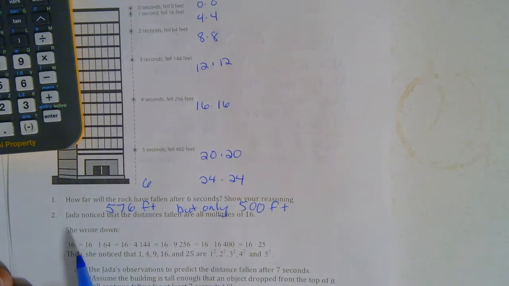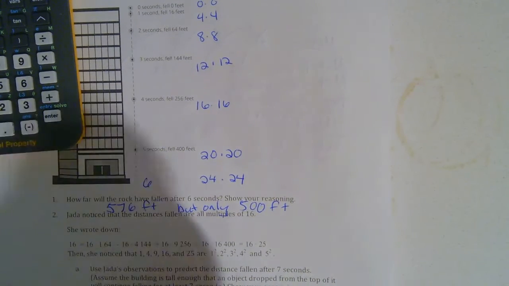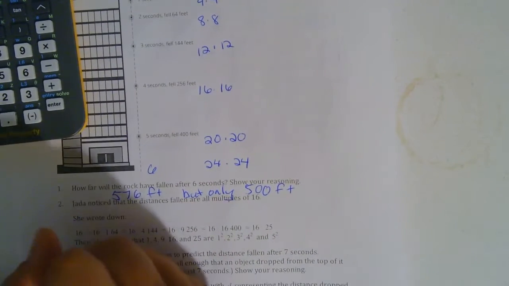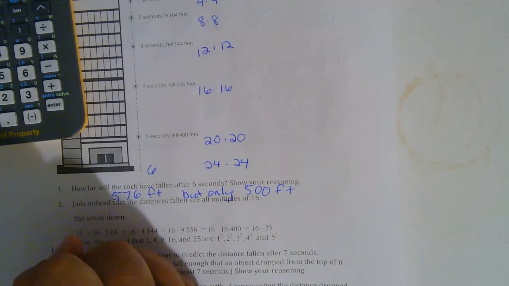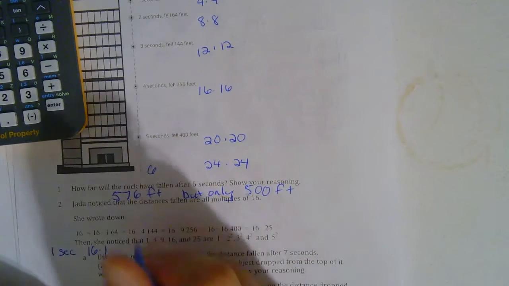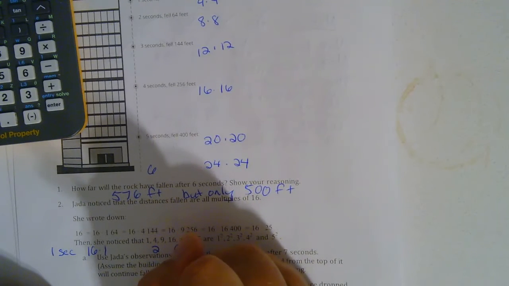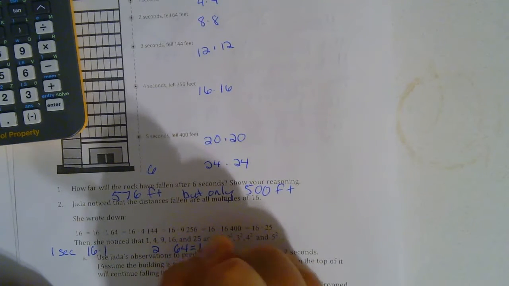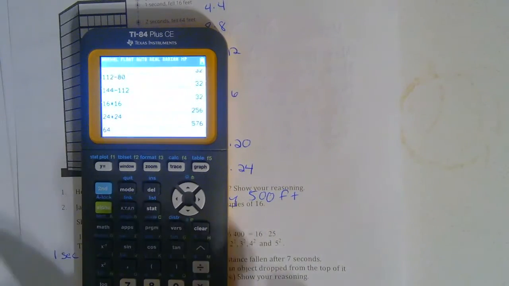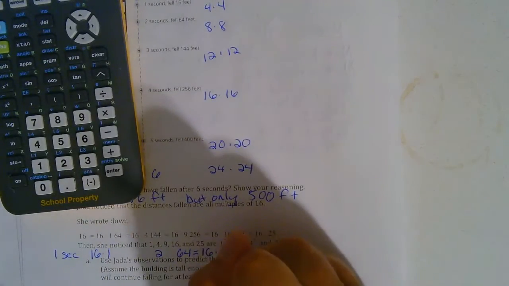Now, Jada noticed that these are all multiples of 16. So she noticed that at 1 second, we're at 16 times 1. And at 2 seconds, 64 is equal to 16 times, so if I take 64 and divide it by 16, it's 16 times 4.